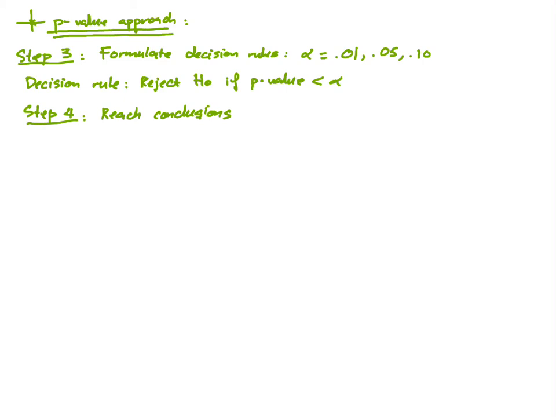So we're going to use the z-table. Let's first draw the standard normal distribution. We have a test statistic equals 1.22.